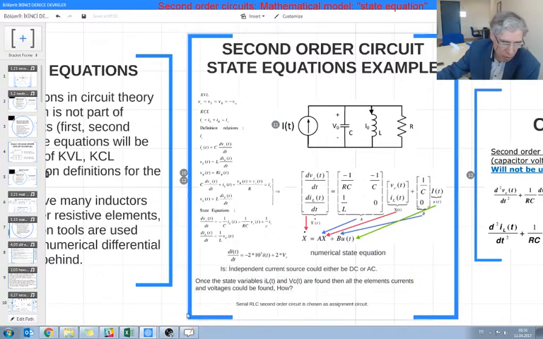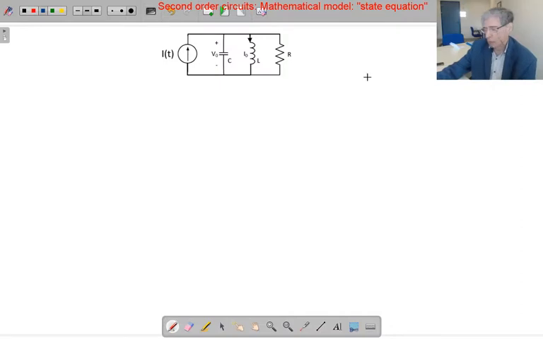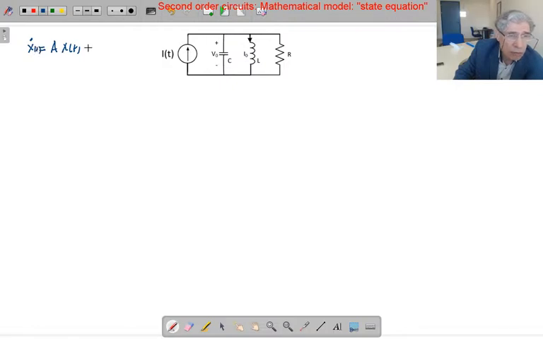So I'm going to switch to the board video now. Okay, this is the second order circuit, so we're going to find the differential equation. What we are going to find, I will write it here: x derivative is equal to A times x(t), forget that t, our independent variable, plus B u(t). So remind you now, what is x?